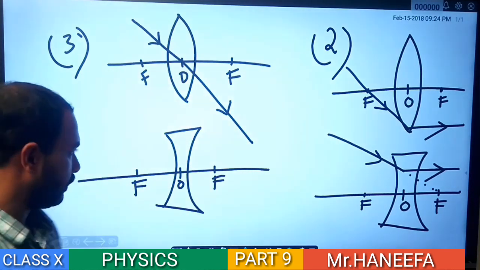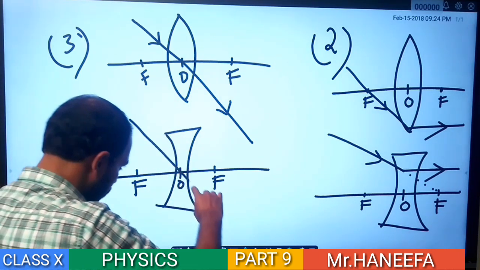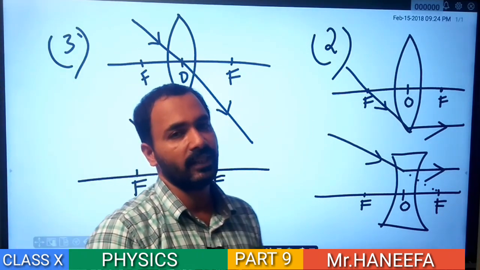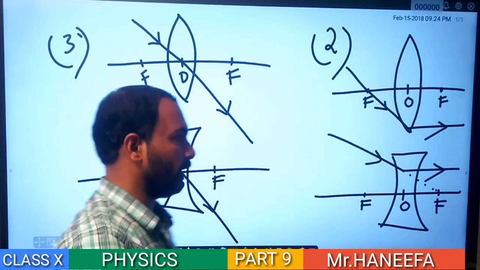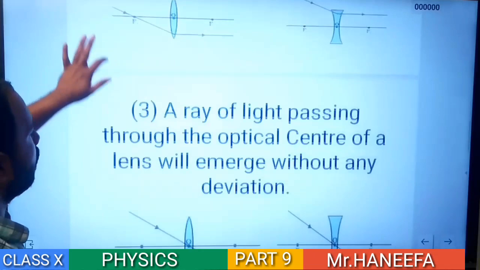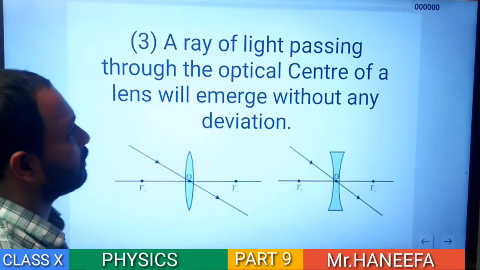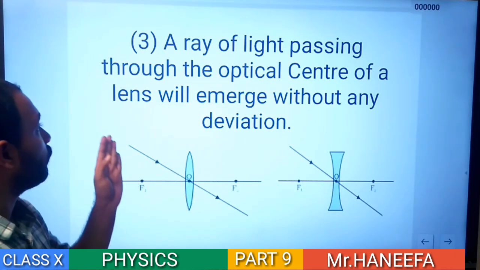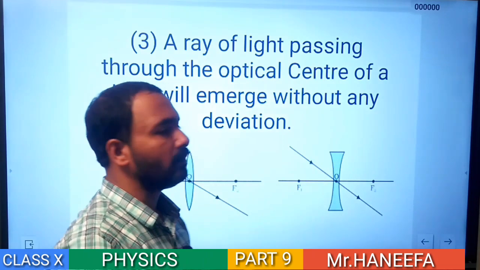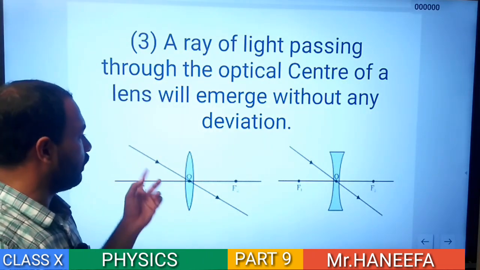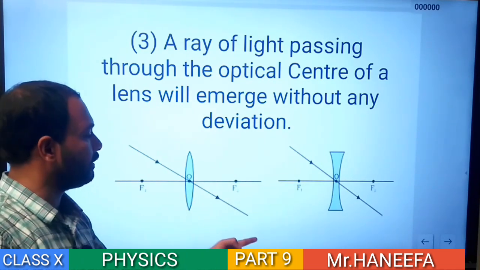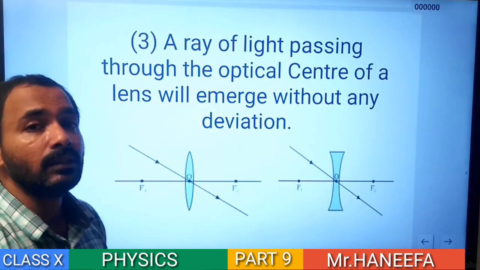This is the third rule. What is the third rule? A ray of light passing through the optical center of a convex or concave lens will emerge without any deviation. In these two diagrams we can see clearly that these lines pass without any deviation.